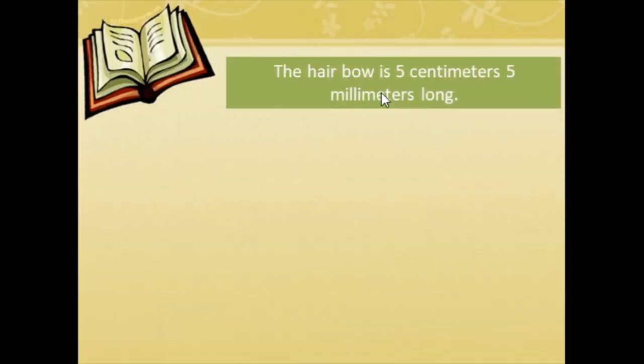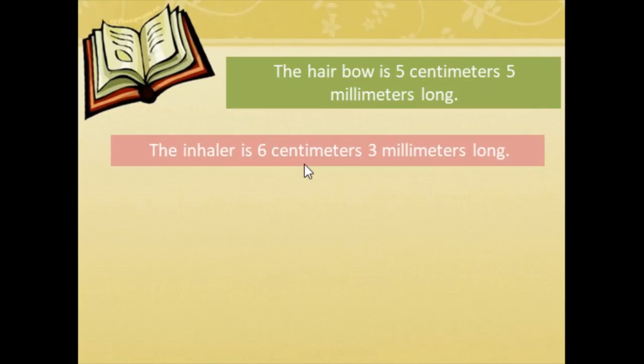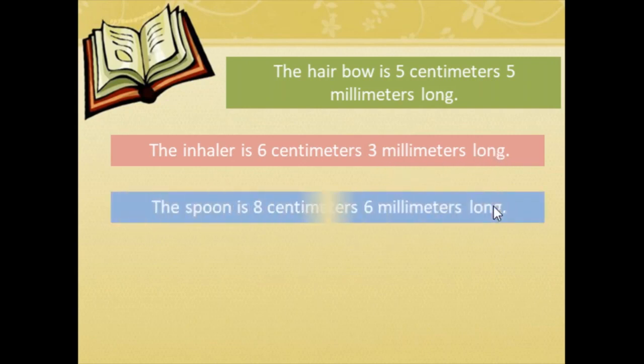The hair bow is 5 centimeters and 5 millimeters long. Did you get it right? Well done. How about the next one? The inhaler is 6 centimeters and 3 millimeters long.